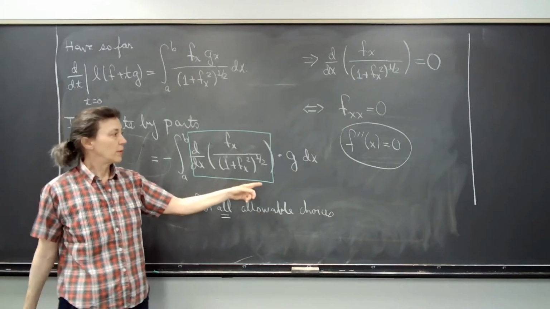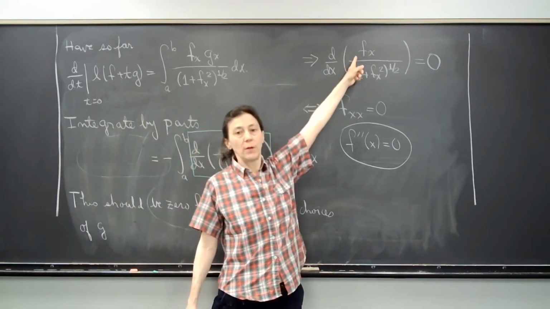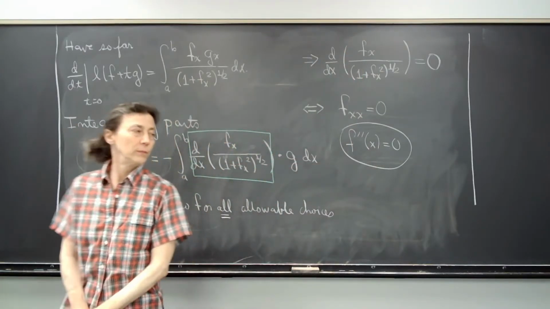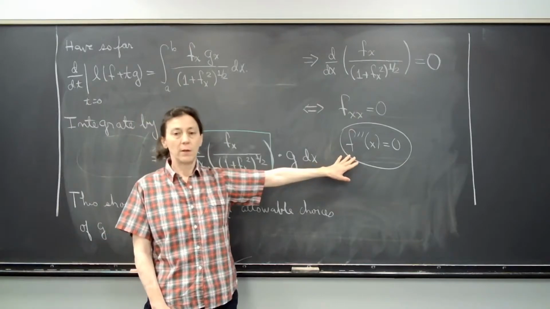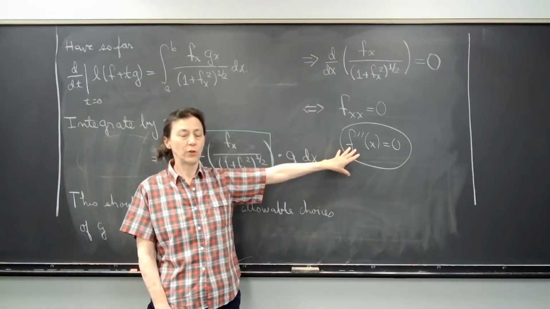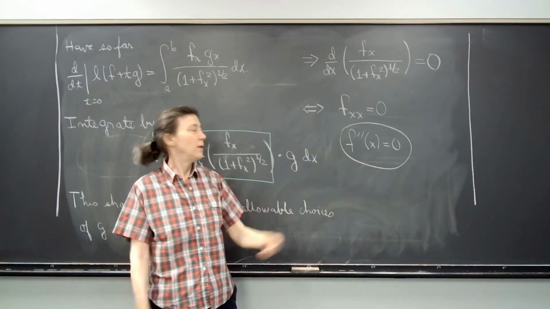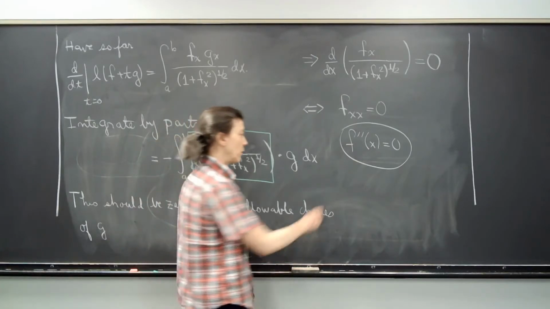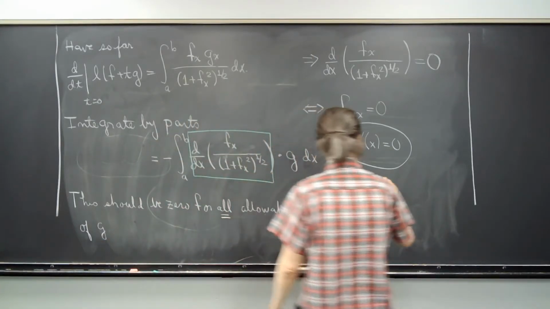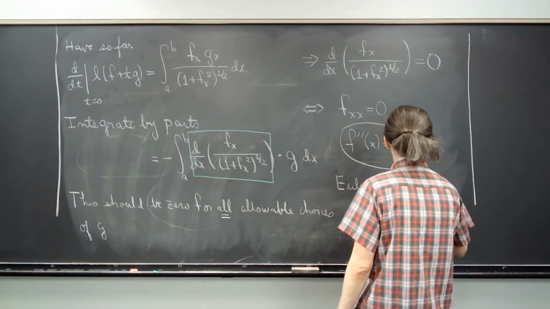Then you just do some calculations and you see that this is 0 if the derivative of the numerator is 0. Okay? This is called, in this variational approach, the Euler-Lagrange equation. The familiar equation of a straight line is called the Euler-Lagrange equation.